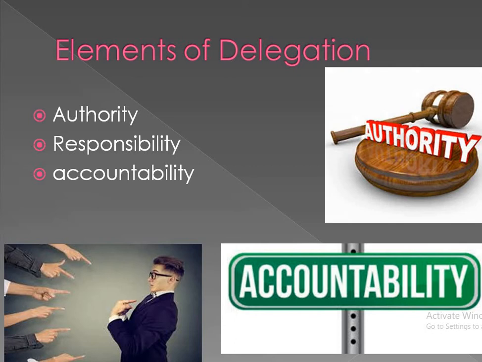Unlike authority, which comes from top to bottom, responsibility goes from bottom to top. So the lower management is responsible to the middle management, and the middle management is responsible to the top management.